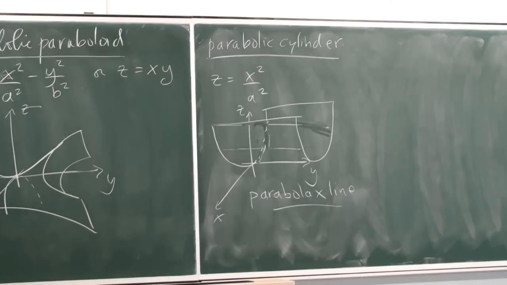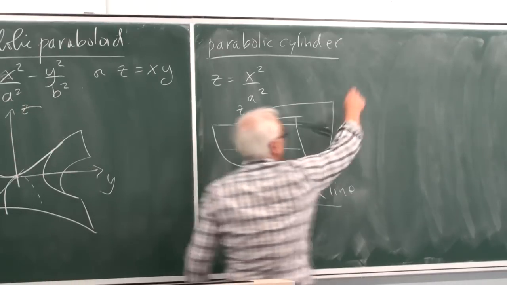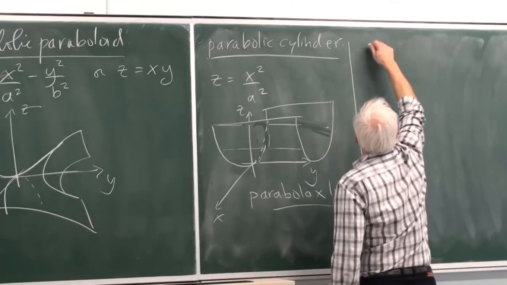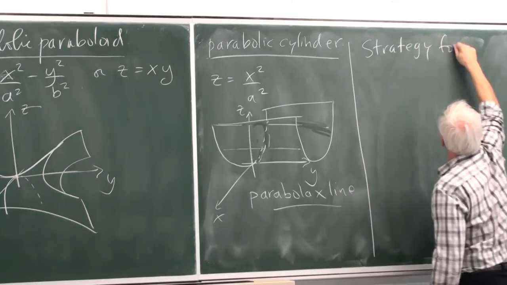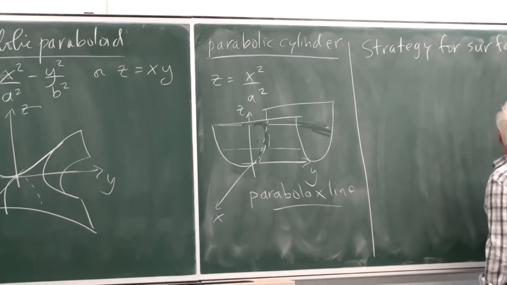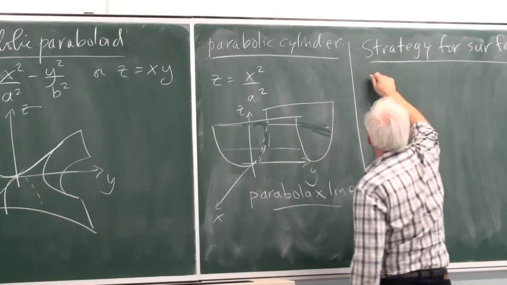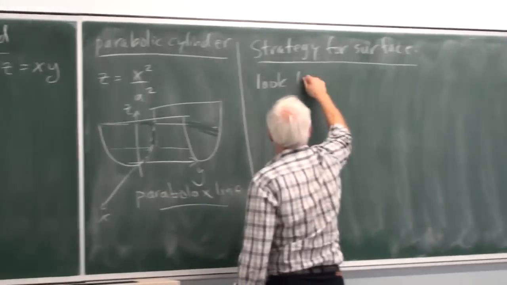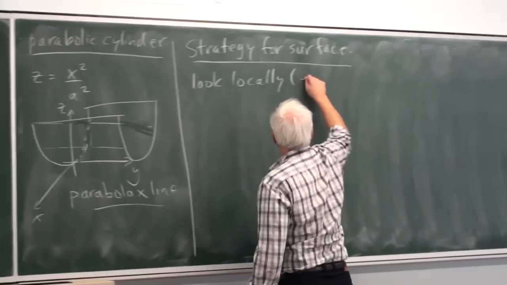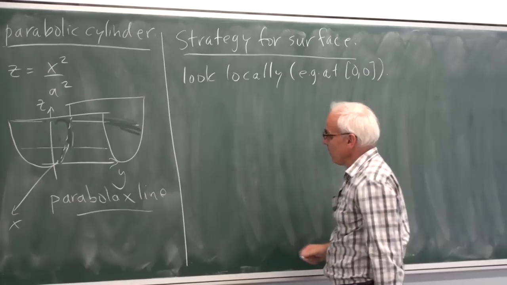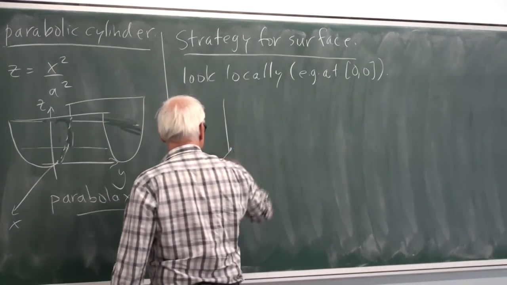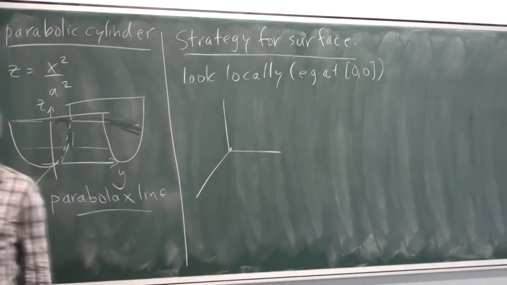Okay, so these are examples of paraboloids, and they're particularly important for us because of the following. So our strategy for a surface is, well, we're looking at a surface, we look locally. So for example, we might look at the point 0, 0. And we have some general surface.